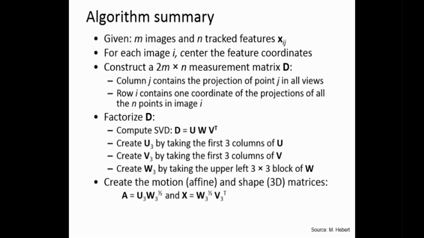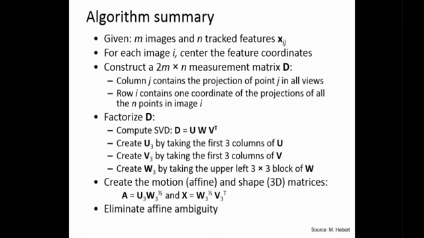Then you create the motion or affine matrix and shape 3D matrix by post-multiplying U3 and V3 by the square root of W. So that gives us our A tilde and X tilde, and then we eliminate the affine ambiguity using the equations that were shown in the previous slide.